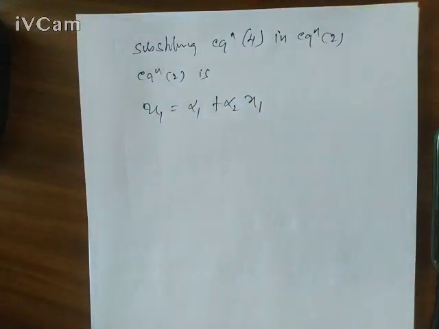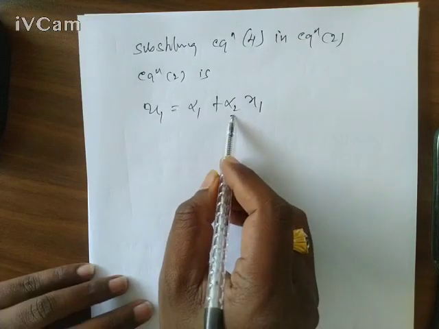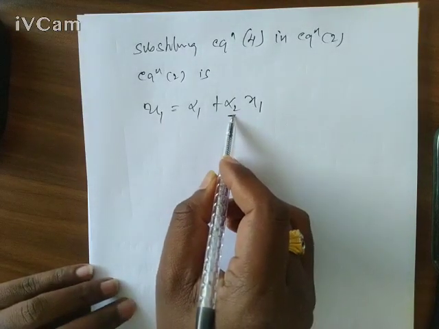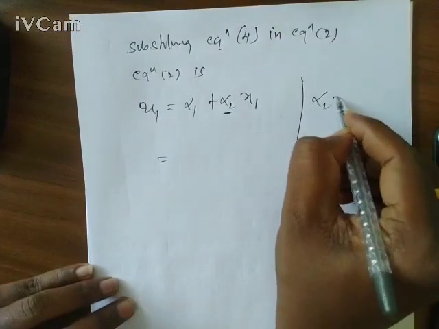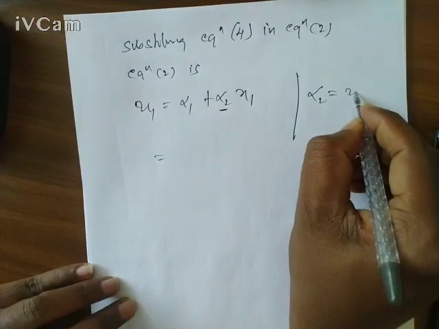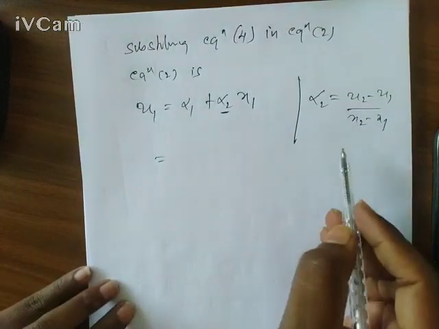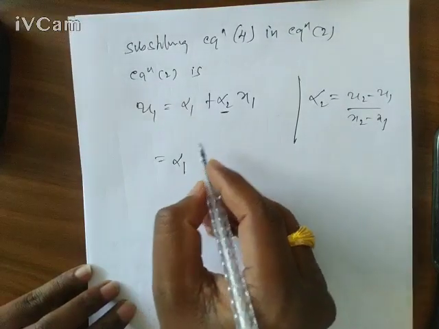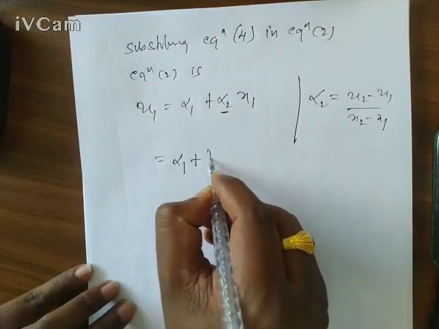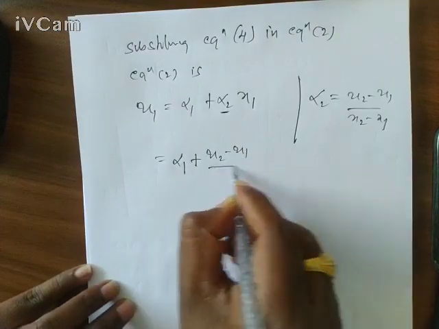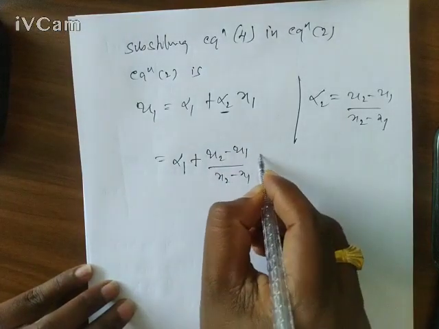Am I right? Now here I am going to substitute the alpha 2 value, which I just found out. Alpha 2 is u2 minus u1 divided by x2 minus x1, right? So I substitute here: alpha 1 plus u2 minus u1 divided by x2 minus x1 into x1.